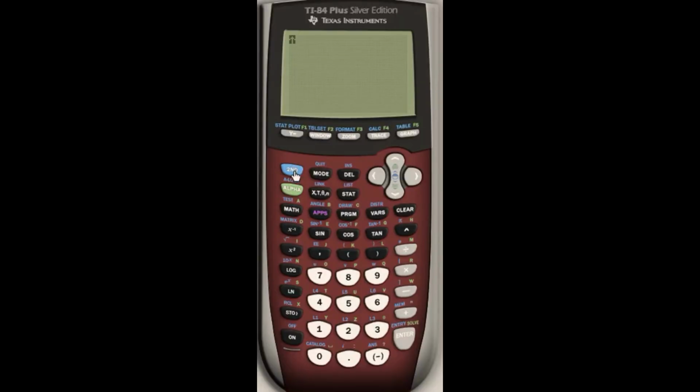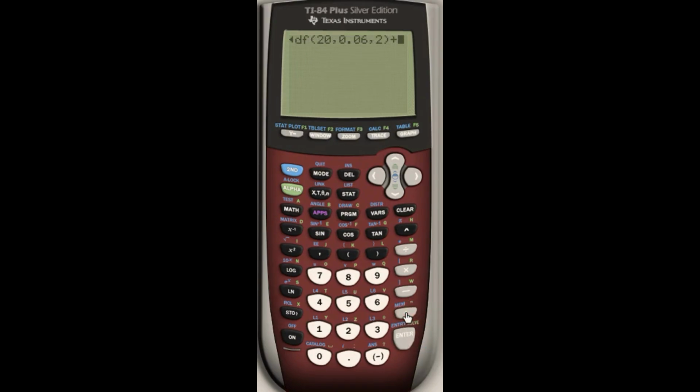So let's go to distribution. We're going to go down near the bottom, and this is a binom PDF. We're going to first find the odds of exactly 2 successes. So we have 20 trials, odds of success is 0.06, and we want 2 successes, and we hit paste.